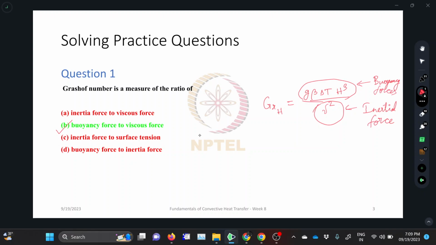So that's how the Grashof number ends up being a measure of the ratio of the buoyancy force to the viscous force. What does it mean in real life? In a practical situation, if the Grashof number is greater than 1, then it would be a buoyancy driven flow.